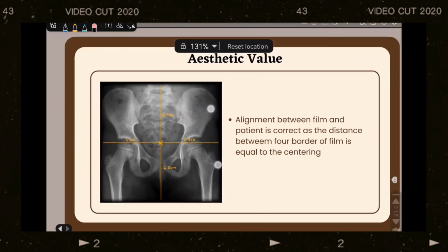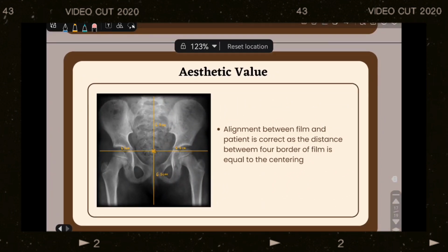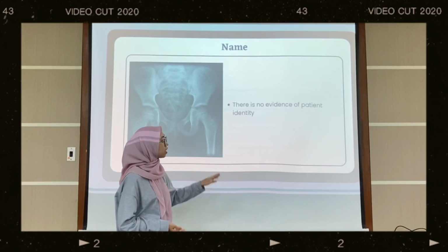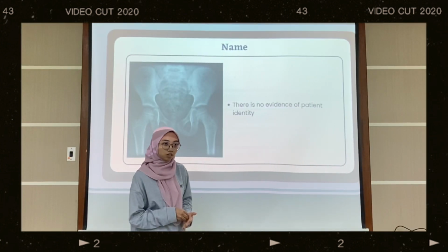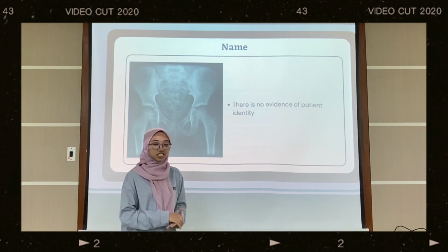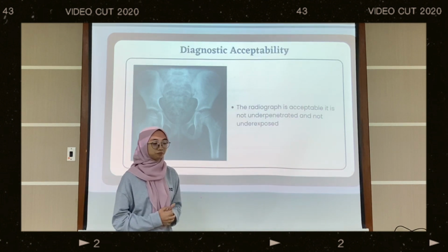So this shows that the alignment between film and patient is correct. The last one is that there is no evidence of patient identity because of a confidential issue.